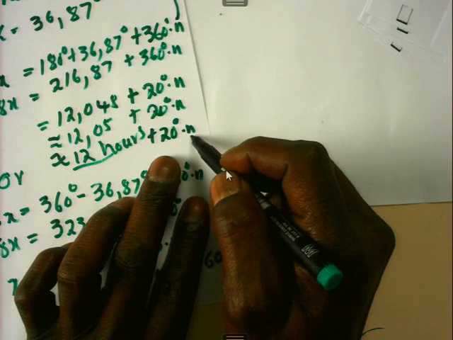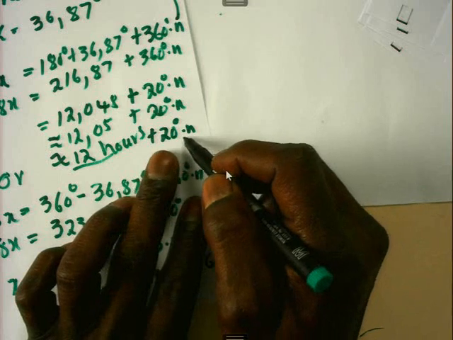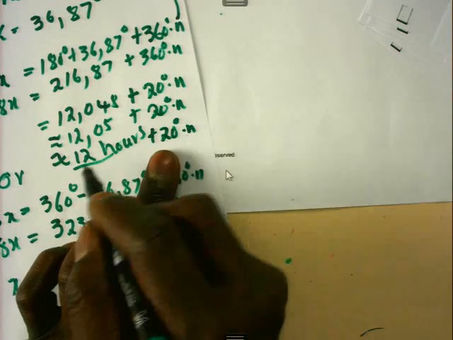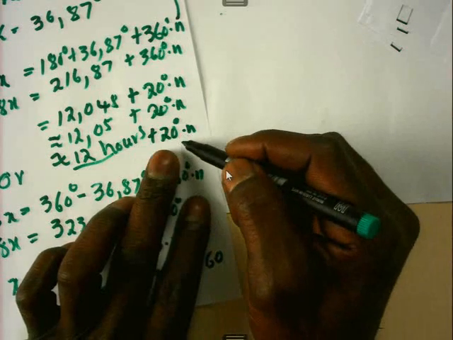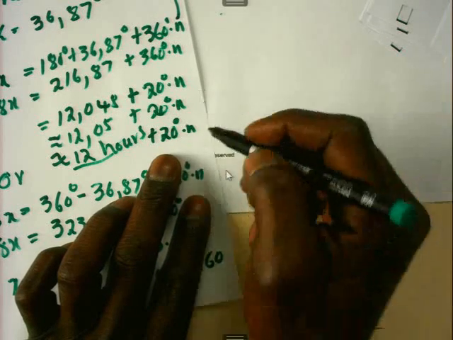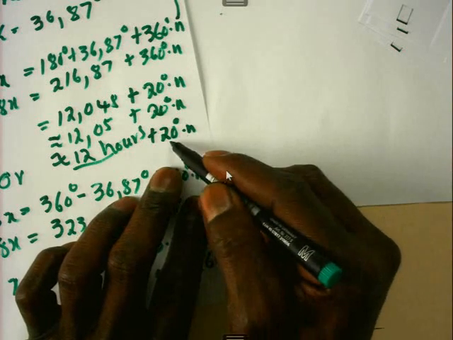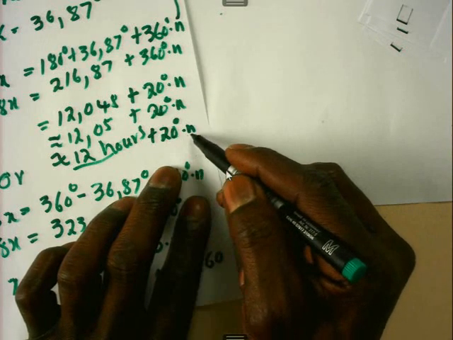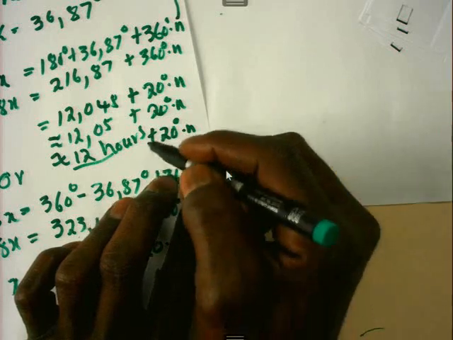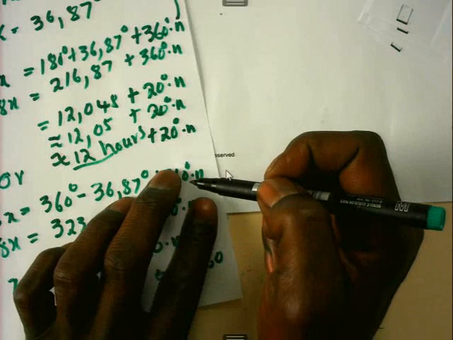In this case, n cannot be negative, because if I've got negative here plus 12, I'll get negative hours, and we don't have negative hours. But if I substitute n with 1, 20 times 1 will be 20, plus 12, that will be 32.